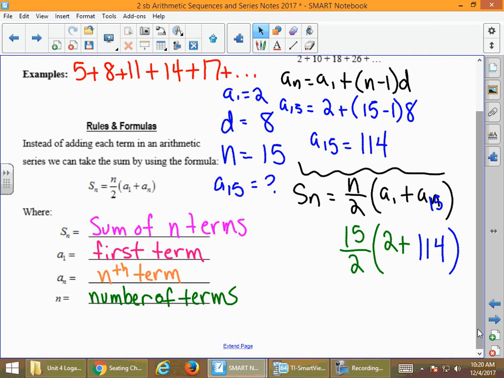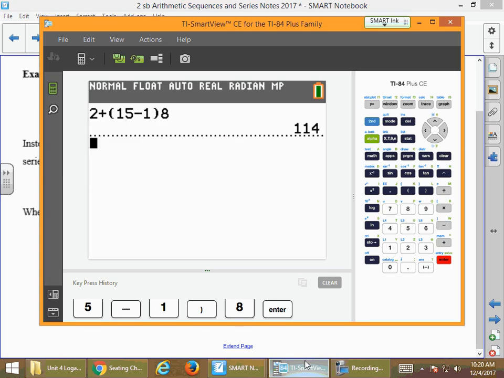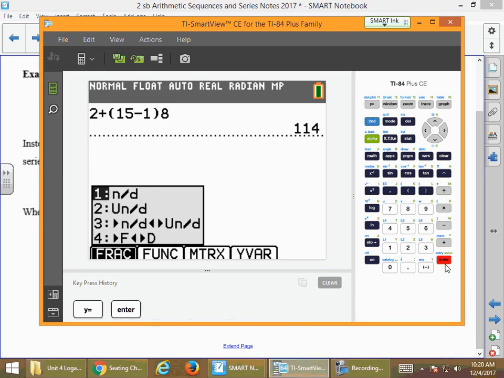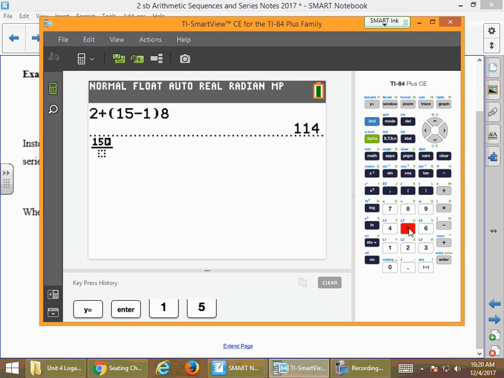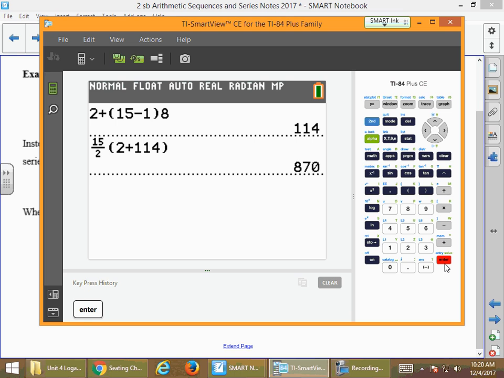And again, we can type this into our calculator. Your fraction button, 15 over 2 times a sub 1, which is 2, plus the 114, gives us our value here of 870.